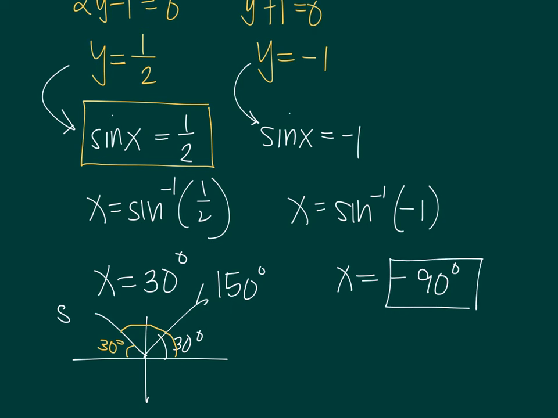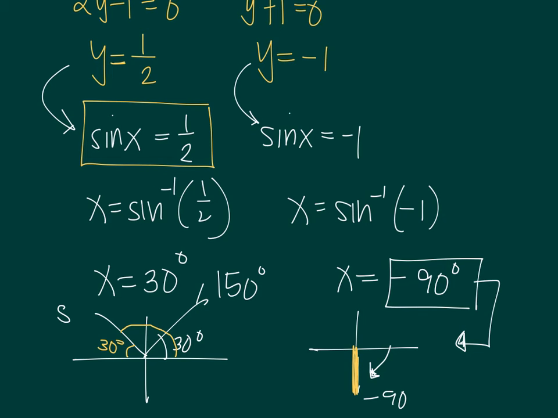Now, since we're given a restriction that x can only be from 0 to 360, we cannot take -90, but we can transform it into a positive angle. -90 is measured in this direction, but its terminal side is on this negative y-axis.